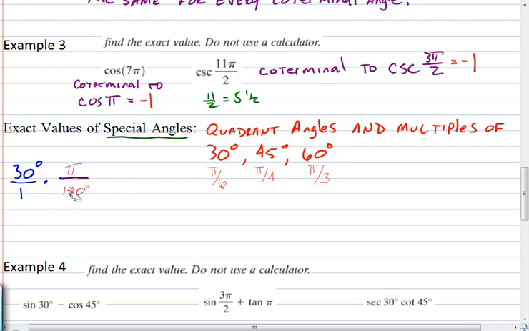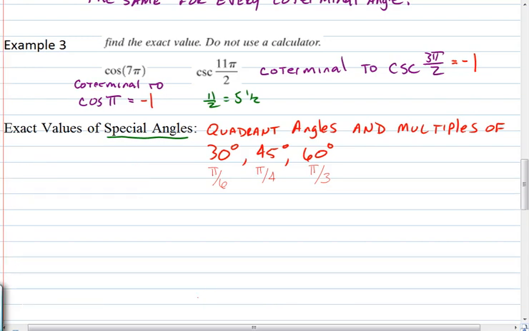And 180 degrees is equal in value to pi radians, right? So 30 over 180 will reduce to 1/6. So that's where the pi over 6 came from. And now your measure is in radians because the degrees canceled out. You may or may not have seen that before, but it works beautifully, and it works every time.